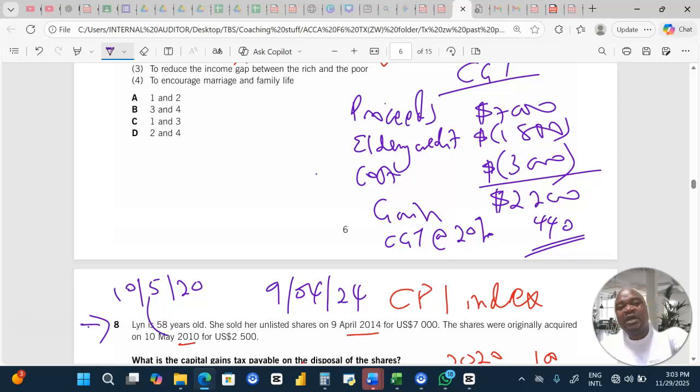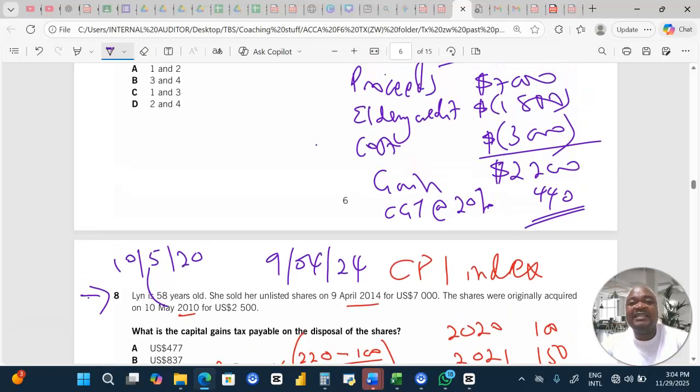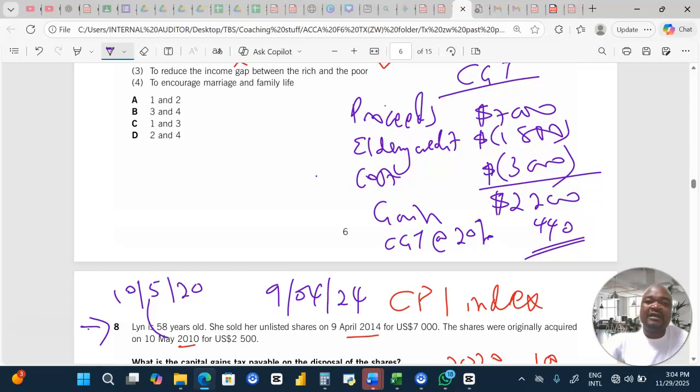So for this question, what I want you to verify in the exam is the tax credit under the CGT. Remember, these are not ordinary income tax credits.